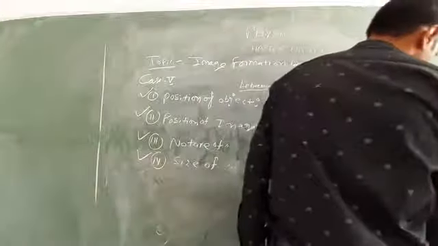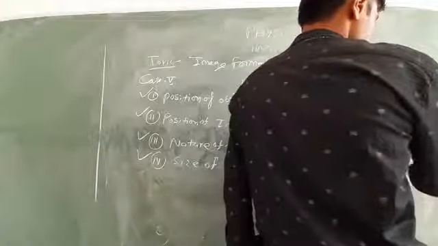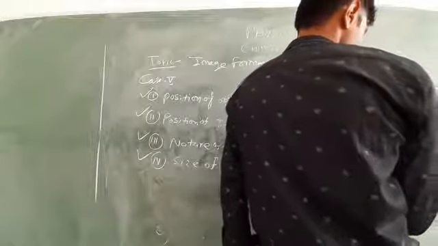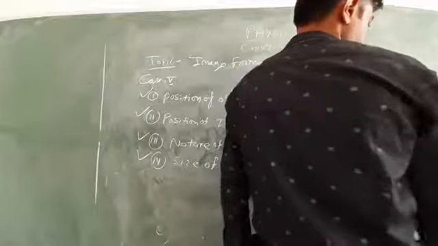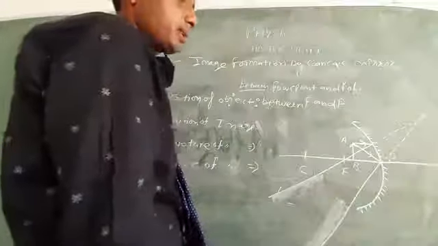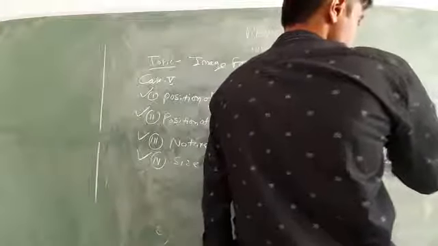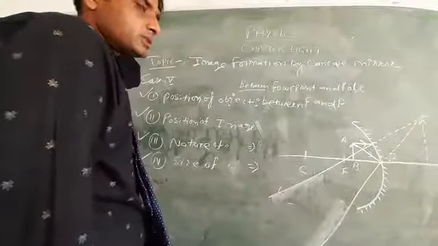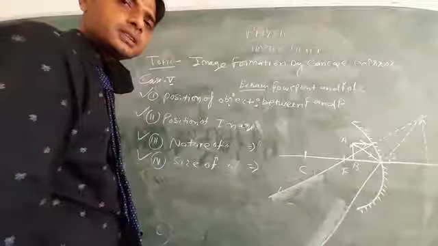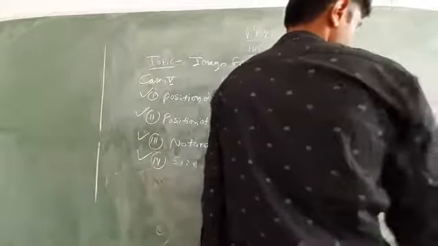So let's extend the rays of light behind the mirror. You can see the image is obtained behind the mirror, and this is the image. You can see clearly the image behind the mirror. This is A dash, B dash.